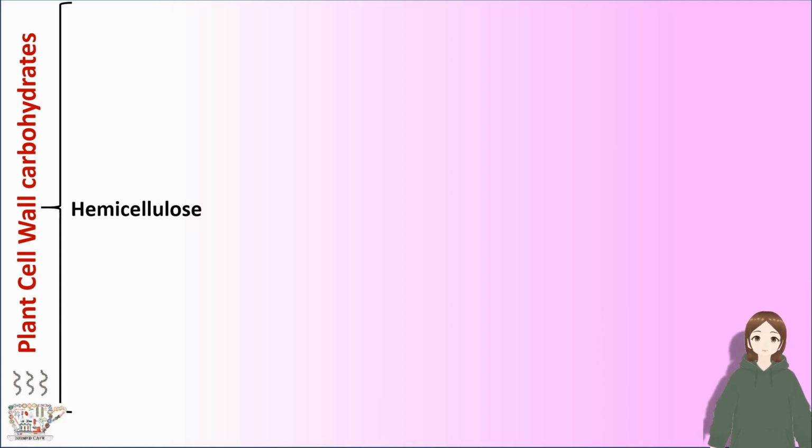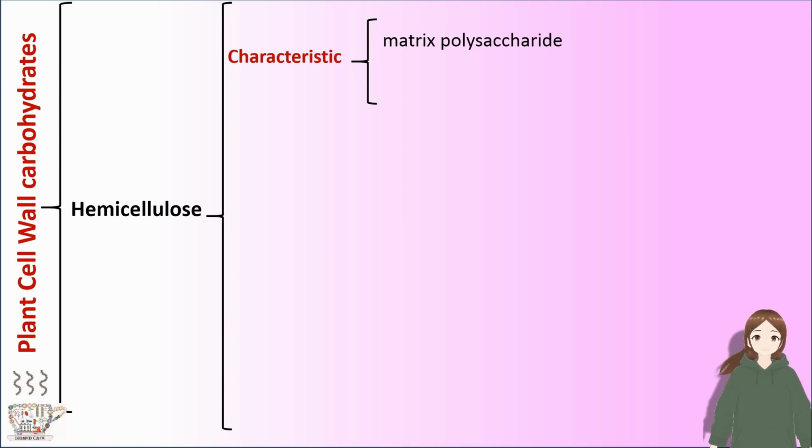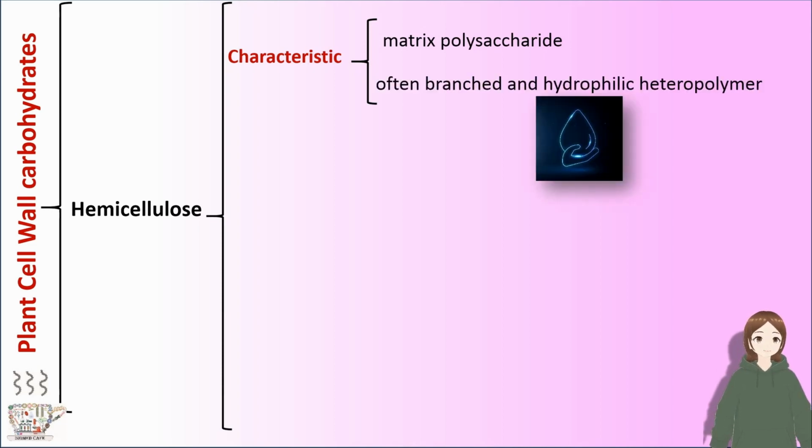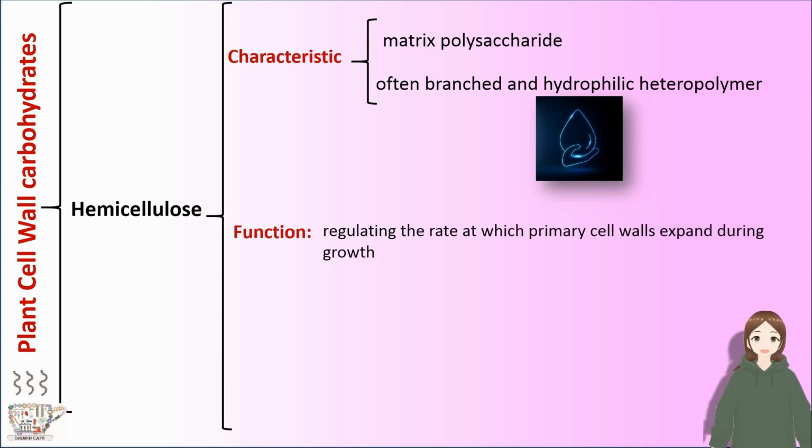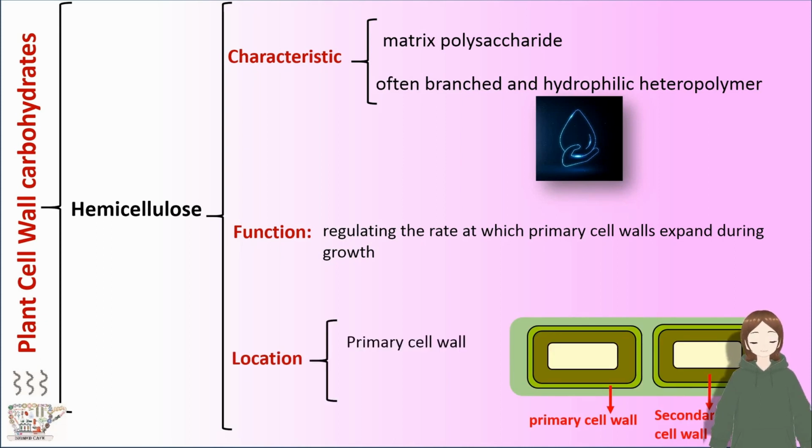Another carbohydrate of plant cell wall is hemicellulose. It's a matrix polysaccharide and often a branched and hydrophilic heteropolymer. It plays a role in regulating the rate at which primary cell walls expand during growth. It's located in primary cell wall and secondary cell wall.